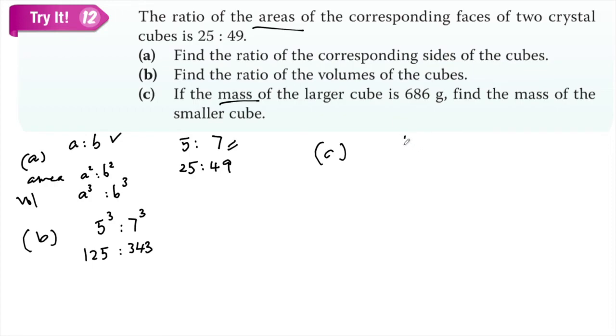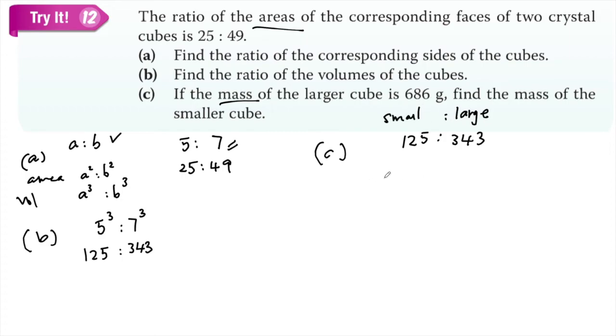We know that it is 125 is to 343. This is the basic ratio of the volumes. You want to find the mass, so think about it now: this is the larger cube and this is the smaller cube.